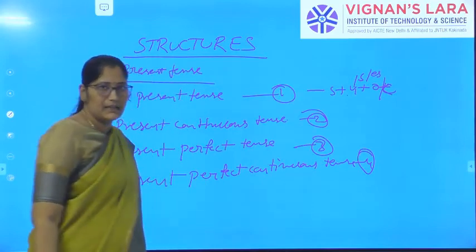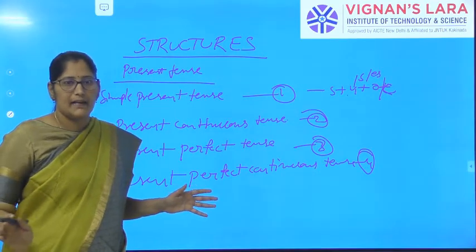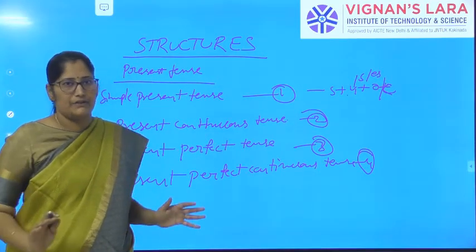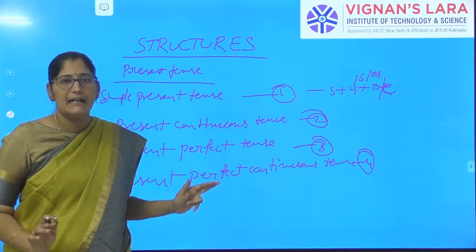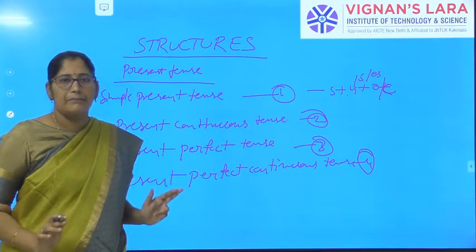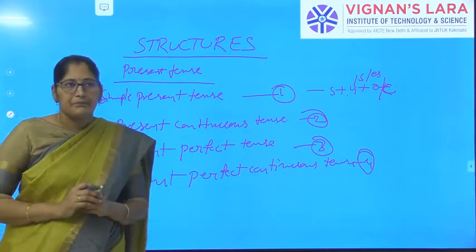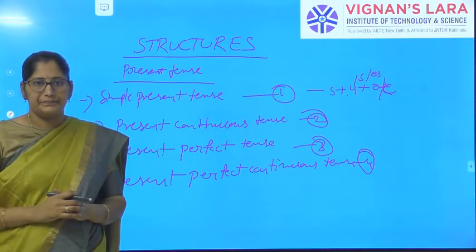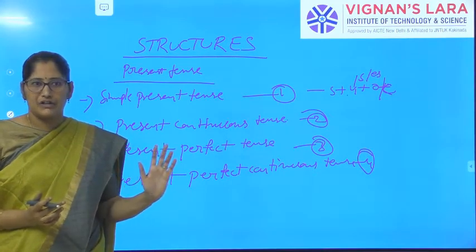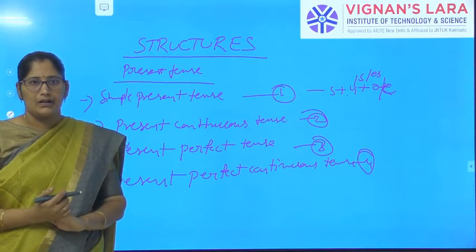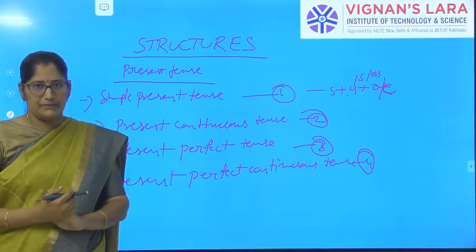So V1 means it's not an auxiliary verb, not a helping verb, it's an action verb. For example, I go to the temple, I listen to the class, she is a teacher, you are my student. We can say likewise.